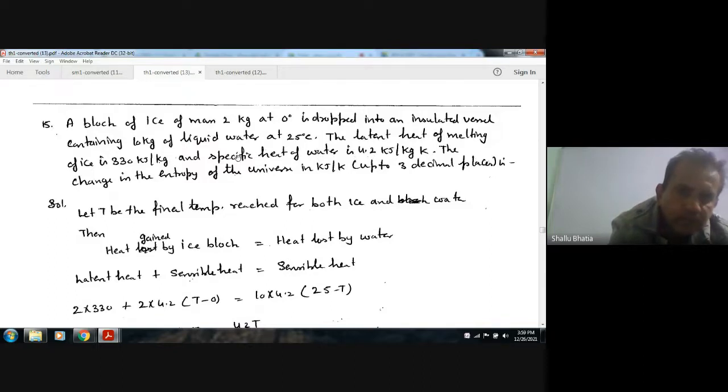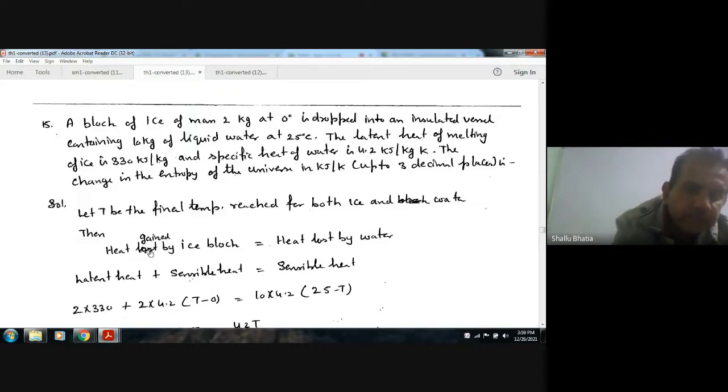Now they are mixed, ice is dropped into water. So the heat gained by the ice will be equal to the heat lost by water.